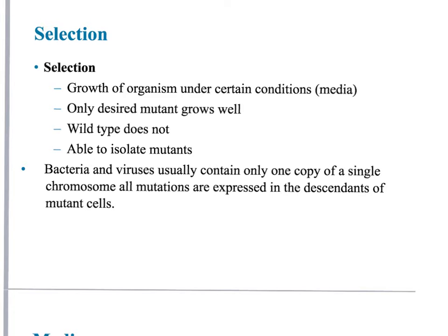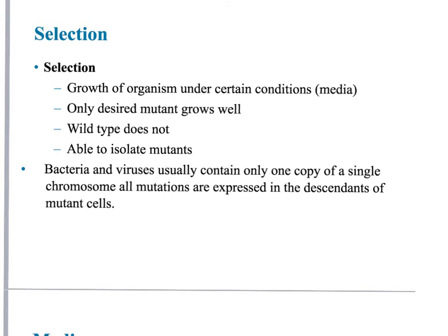And if it doesn't thrive in there, there's no sense in keeping it that way. You can try a different condition, and maybe it doesn't work well in cold, but maybe in a warm environment the mutant would thrive. So you could change the conditions and try that way to grow this new mutation.